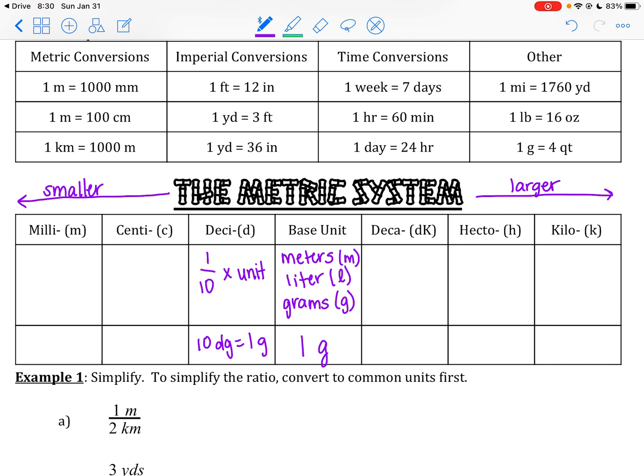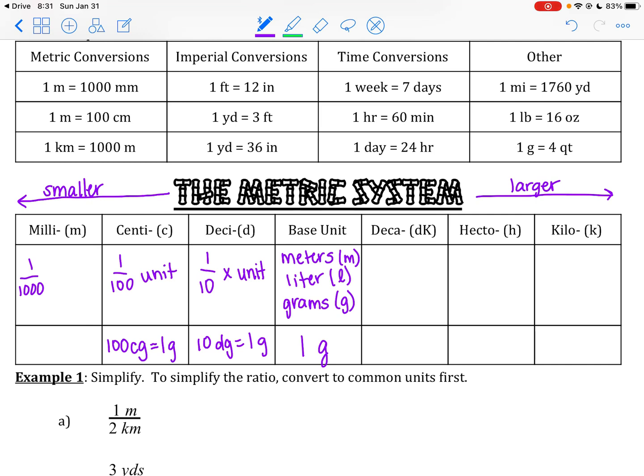A centigram, centi is a common prefix for 100, so this is 100th of a unit. So there would be 100 centigrams in 1 gram, or 100 centiliters in a liter, 100 centimeters in a meter. Next is milli. Milli is a prefix for 1,000, like the millennium is 1,000 years.